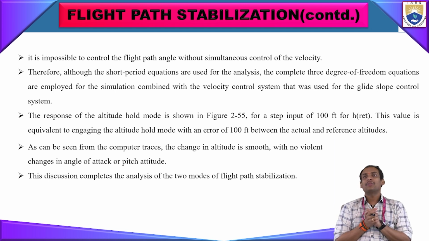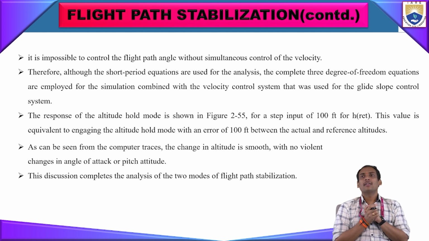The response of the altitude hold mode is shown in the previous figure. For a step input of 100 feet for h reference, the value is equivalent to engaging the altitude hold mode with an error of 100 feet between the actual and the reference altitude.